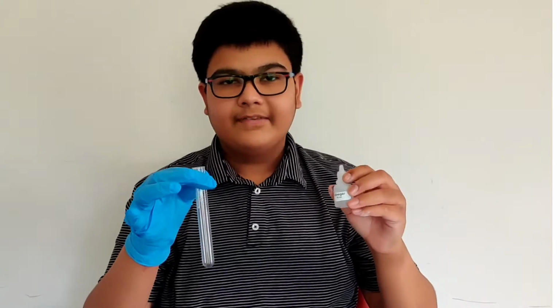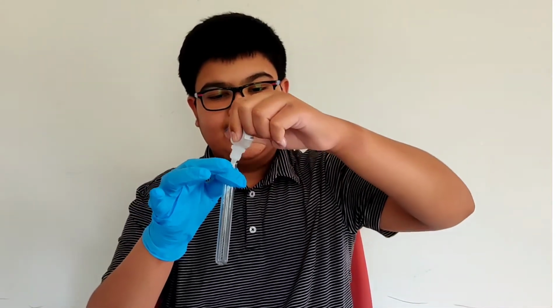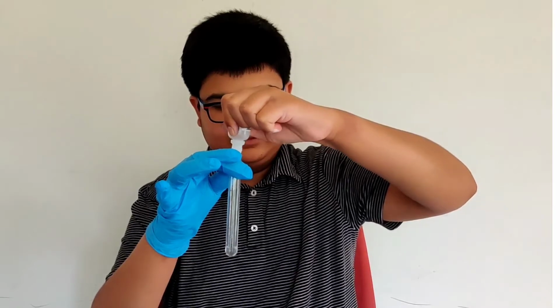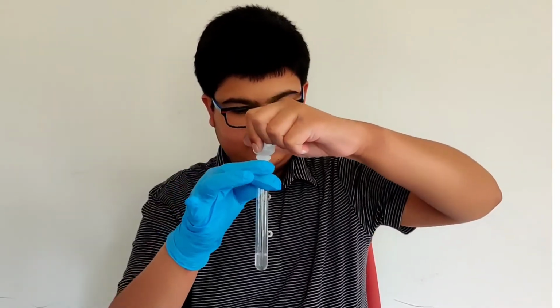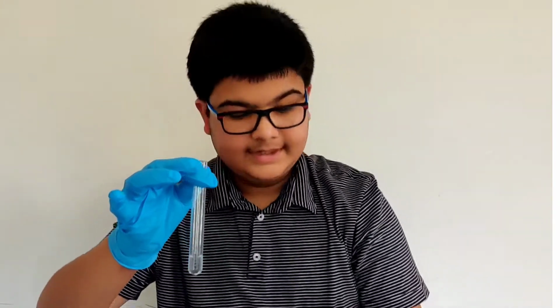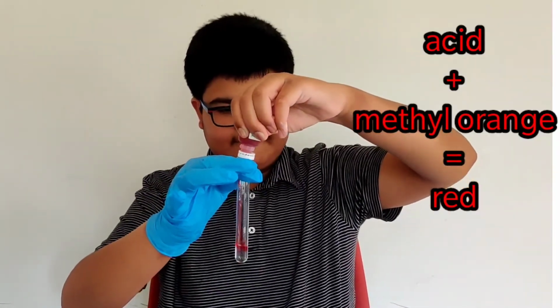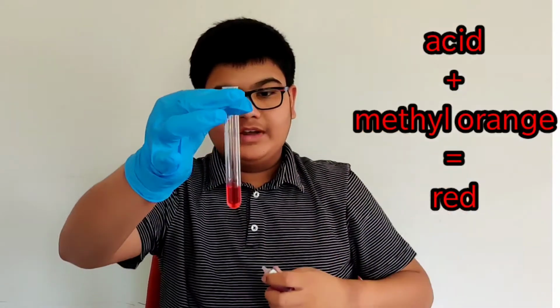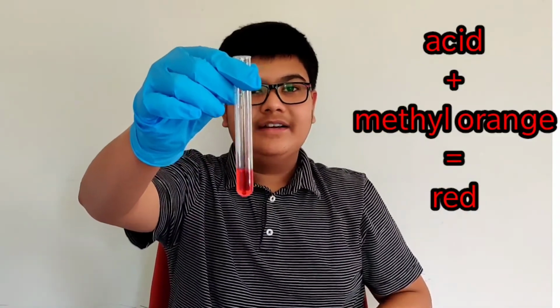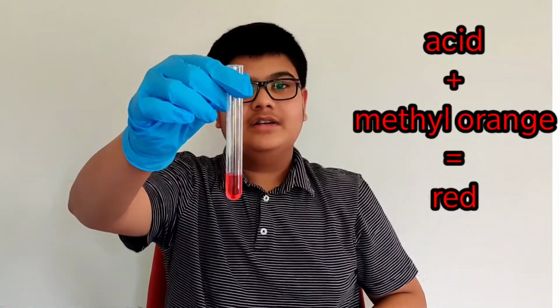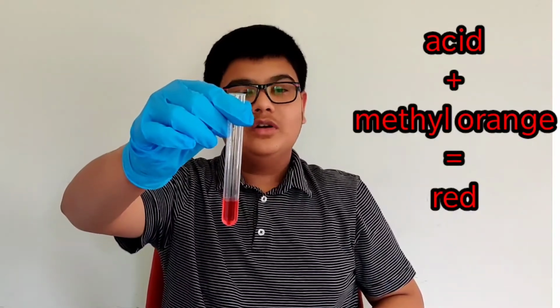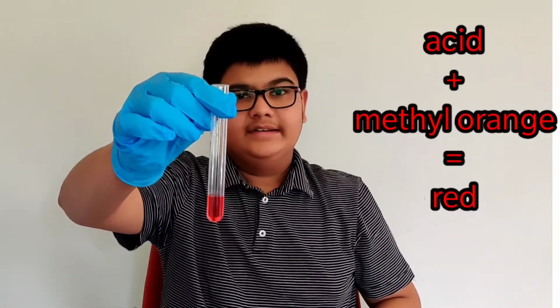Now we will add vinegar to methyl orange. Here I have taken vinegar, and now I am adding methyl orange. You can see that it has turned red. So this means that acids turn methyl orange from orange to red.